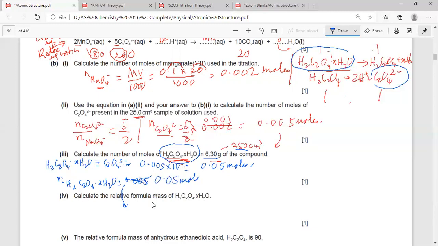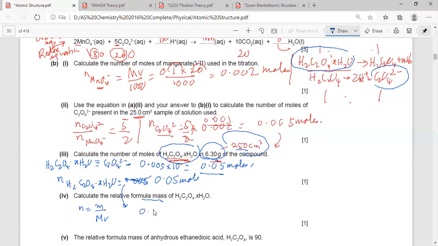Now, next step here. Remember this formula mass now. Quite simple, right? Remember, number of moles equals mass over Mr. So what's the number of moles in your 250 cm cube solution which contains your 6.30 g?